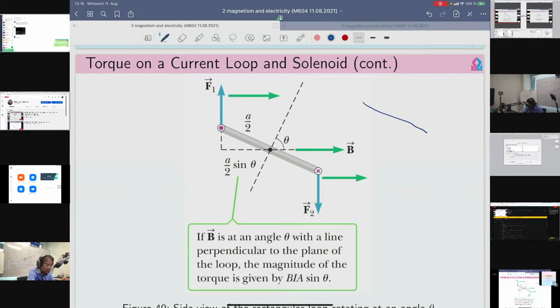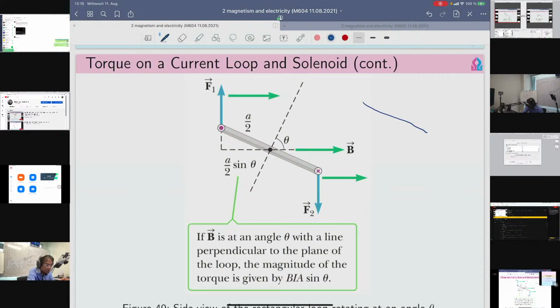Any plane is going to have the normal vector, and the typical property of the normal vector is that it makes a right angle, which is 90 degrees, with the plane surface. The angle we will talk about in this topic is the angle of the normal vector of the plane, not the angle of the plane itself, with respect to the magnetic field.